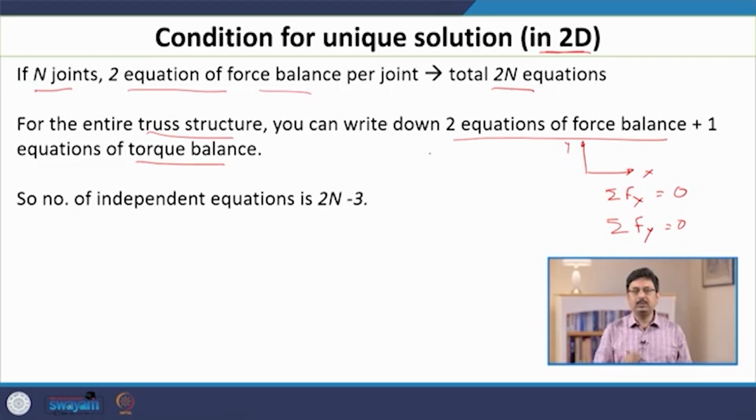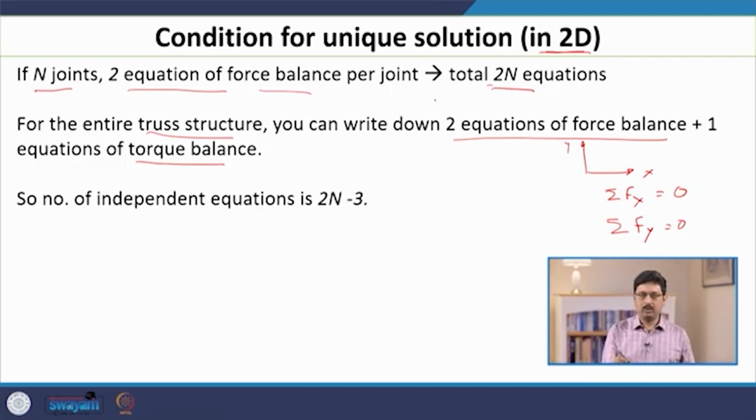Now, because you can write down these 2n equations for each node, these 3 equations are not independent.